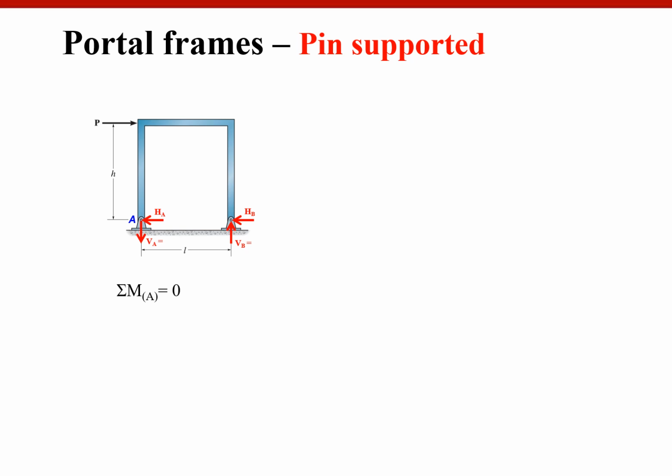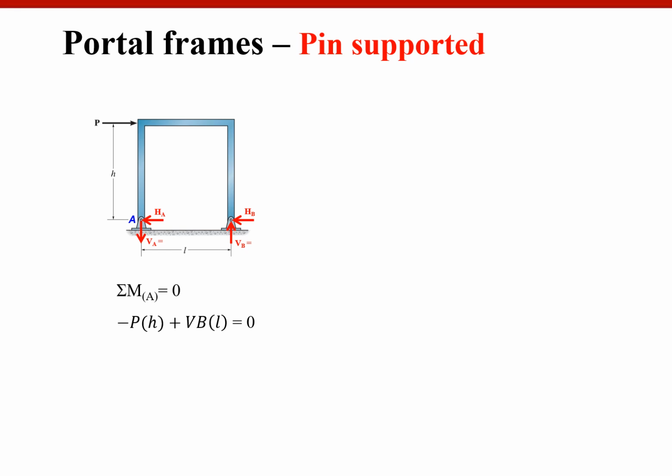But you still can get your VB and VA by considering the sum of the moment about A must be 0. Okay, and now if you are considering your moment about A here, then you can clearly see this is a seesaw game between P and VB, so that you have this much of moment lever for P and this much of moment lever for VB.